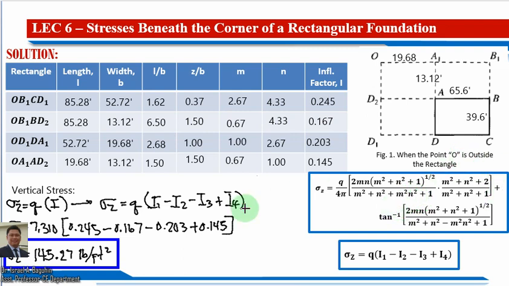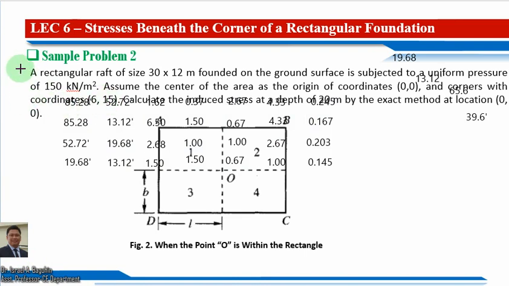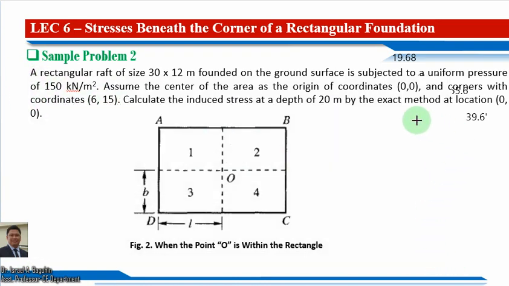Okay, so proceeding for our next slide, we have this simple problem here. A rectangular raft of size 30 by 12 meters founded on the ground surface is subjected to a uniform pressure of 150 kilopascal.